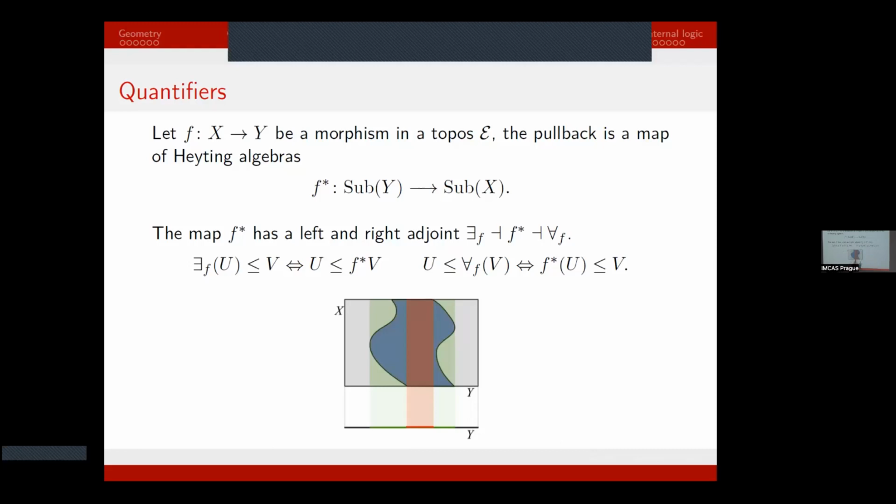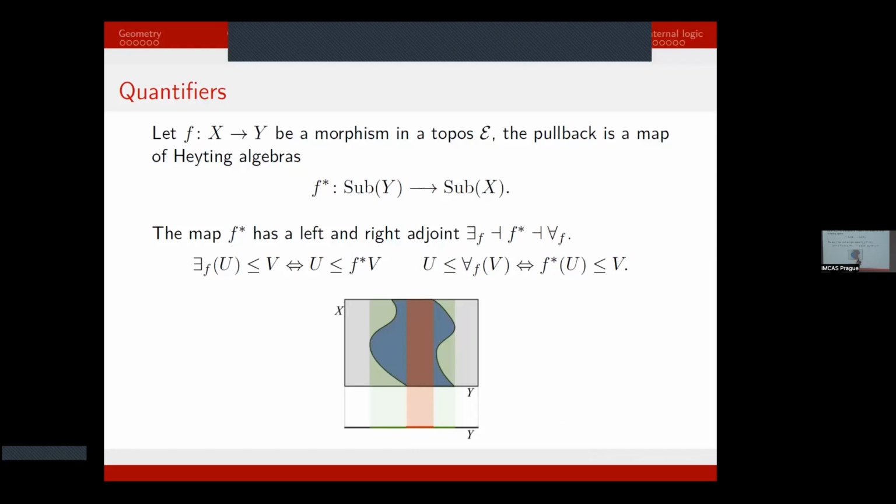The same happens with for all. For all is a right adjoint, so this time it must be the biggest one such that the pullback of it is contained in the original space. So this is basically the biggest possible that I can take. Here the color is not great, but it's the biggest possible that I can take before going out.